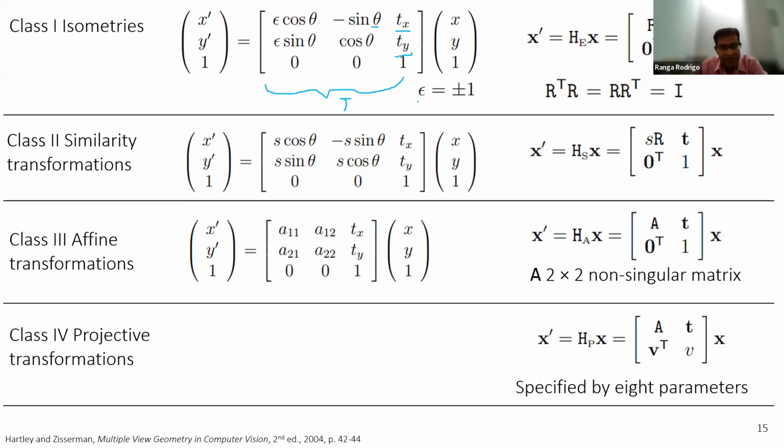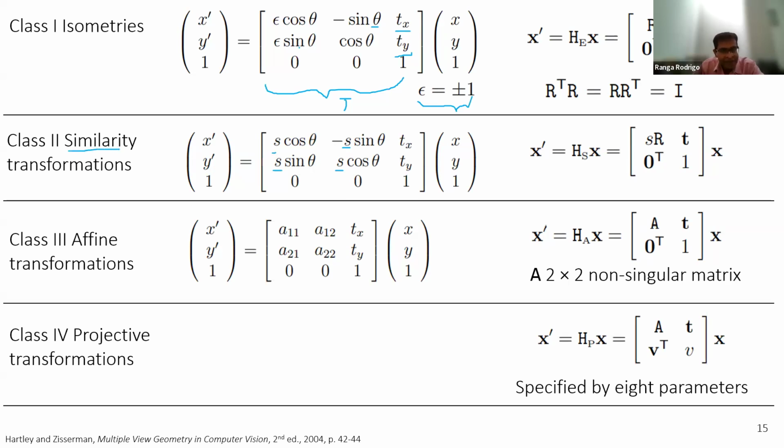Please ignore epsilon. So it's a 3-parameter transformation. If you have just 3 parameters, we call them Euclidean transformations. If you have the scaling also, a small s here, where you scale in the x-axis and y-axis by an equal amount, you call it a similarity transformation.